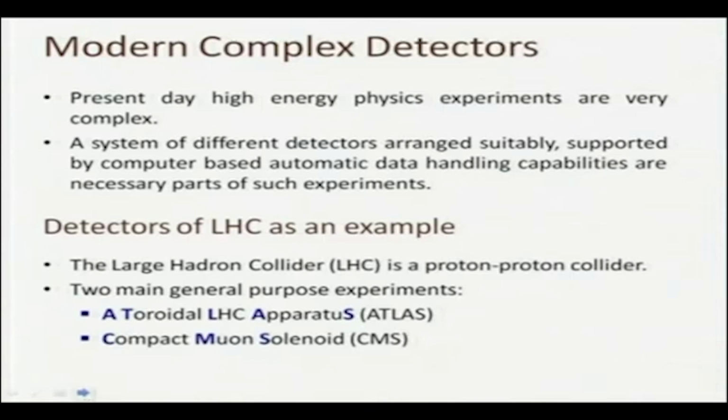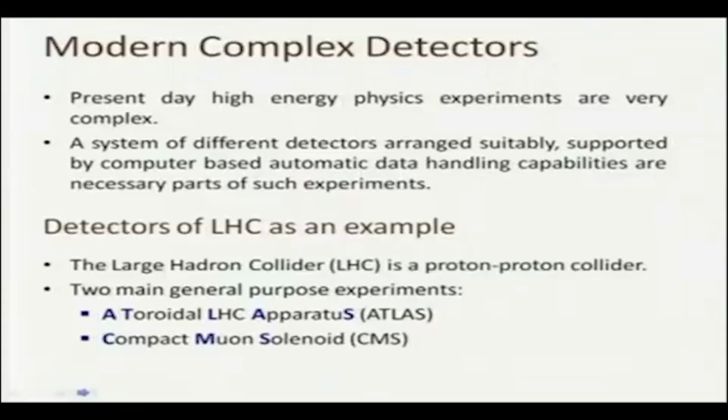When we discussed the accelerators, the LHC, Large Hadron Collider, we mentioned that there are two general purpose experiments. One is called ATLAS, which stands for A Toroidal LHC Apparatus, and another called Compact Muon Solenoid. There are two other systems also, ALICE and LHC-B.